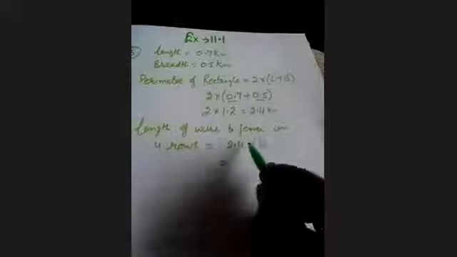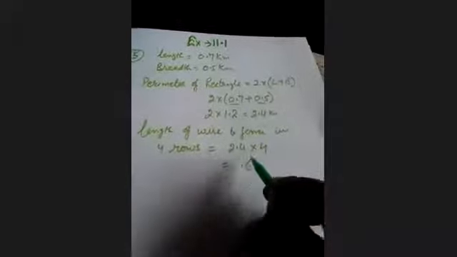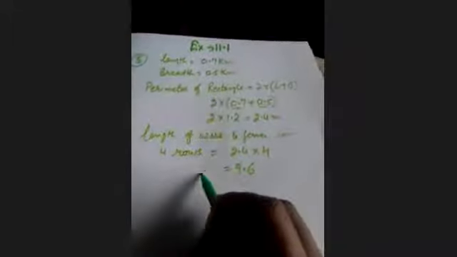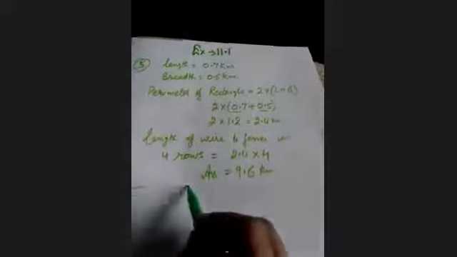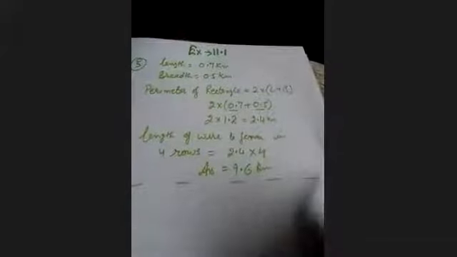Now multiply: 4 fours are 16, 4 twos are 8, 9. Now your answer is 9.6 kilometer. Okay? Clear, students? First, we'll find the perimeter of this rectangle, then multiply by 4.